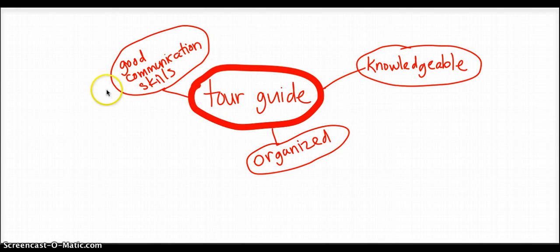Next, I'm going to think of some other ideas because again, this is a brainstorming activity. So I think that, for example, it's important that tour guides like to be with people. So I will write that down as well.